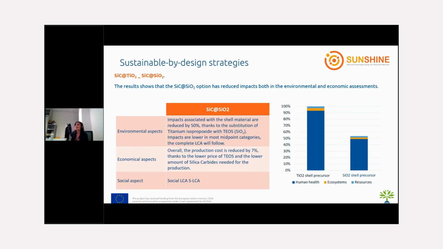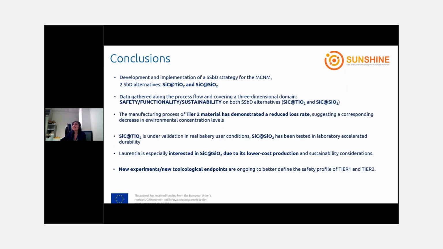Then the Tier 1 material with titanium shell has also been compared in terms of life cycle assessment to the Tier 2, the silica coating material, and the results showed that the Tier 2 has reduced impacts in both the environmental and the economical aspects.